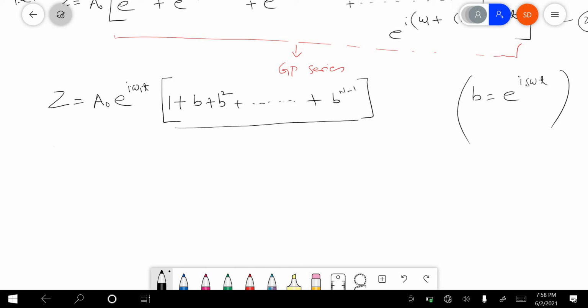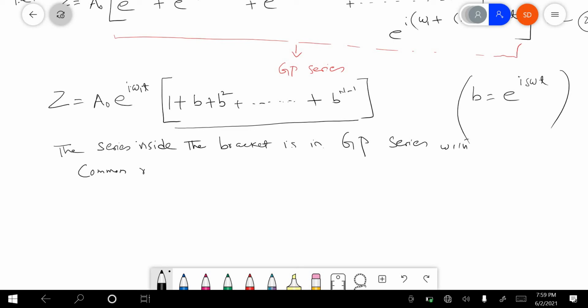So the series inside the bracket is a geometric progression series, with common ratio b, isn't it?